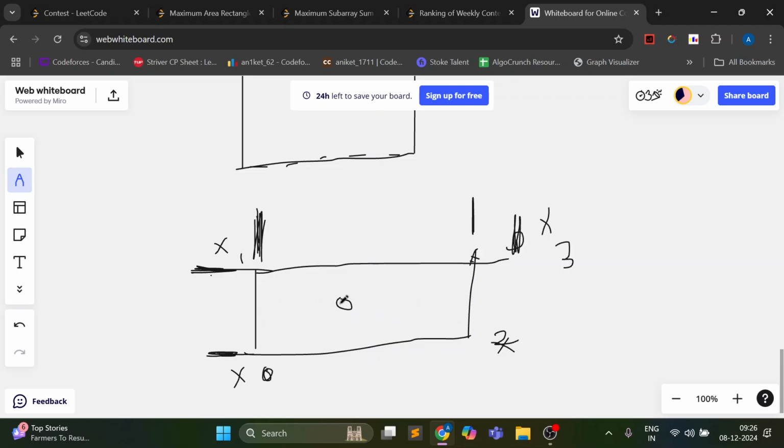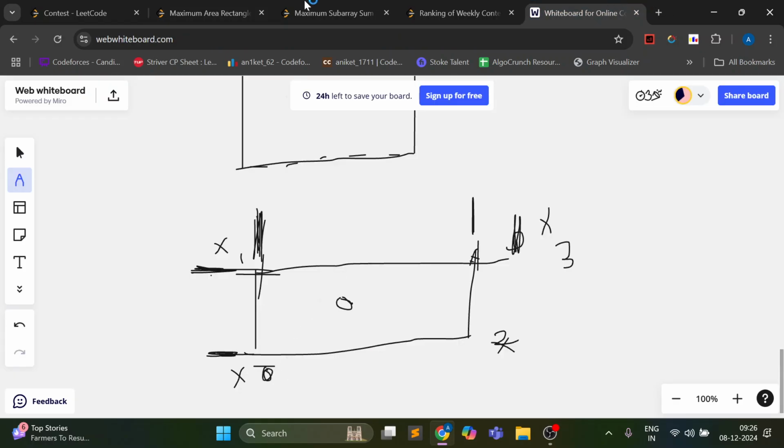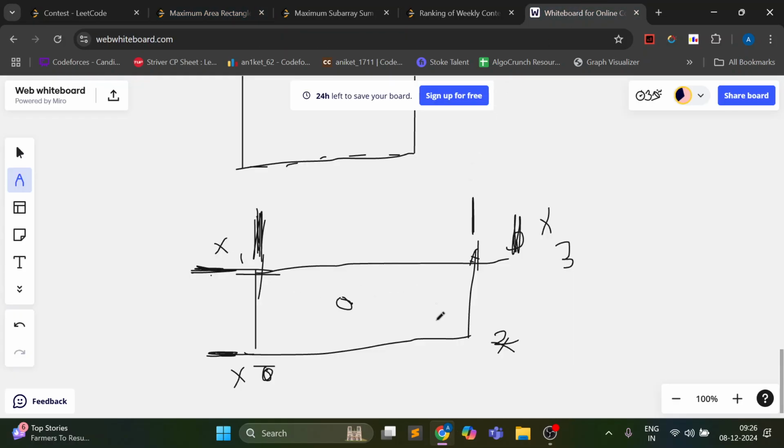Now to check if a point is in the rectangle, we check these two limits, and similarly these two limits. So if a of i of 0 is greater than or equal to b of 0 of 0, which is this minimum limit, and a of i of 0 is less than or equal to b of 2 of 0, which is this.